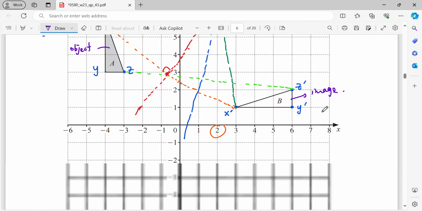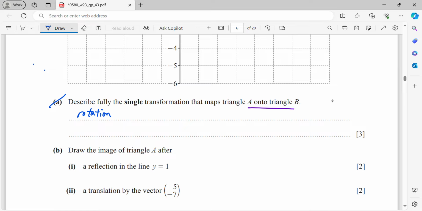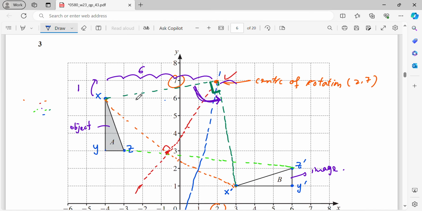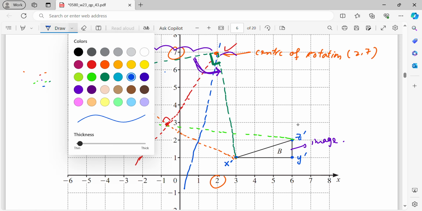So I will just write down the single transformation: rotation of 90 degrees anti-clockwise at center (2, 7). This is how we get the single transformation when you map A onto B. You have to find the perpendicular bisector. So these two lines are perpendicular bisectors.